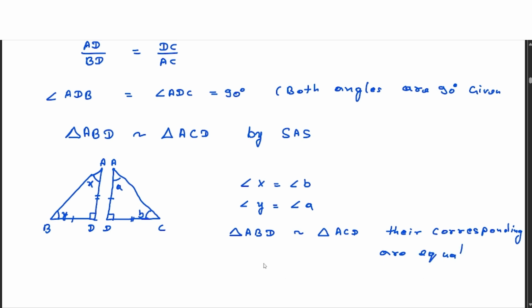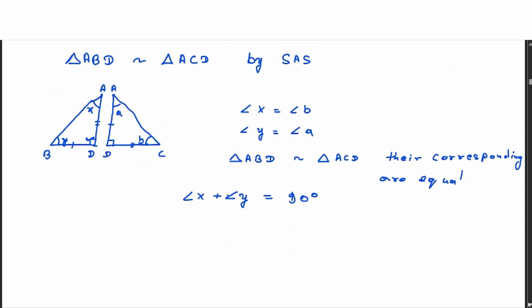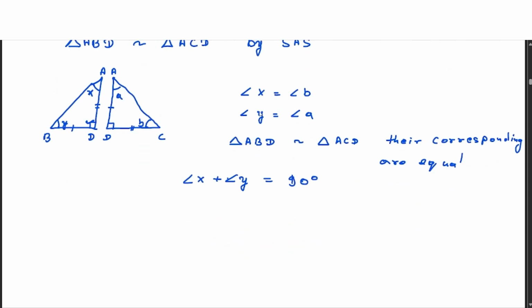After that, in triangle ABD, angle D is already 90 degree. So the angles X and Y are the remaining 90 degree, because the sum of angles of a triangle is 180 degree. So angle X plus angle Y is equal to 90 degree.